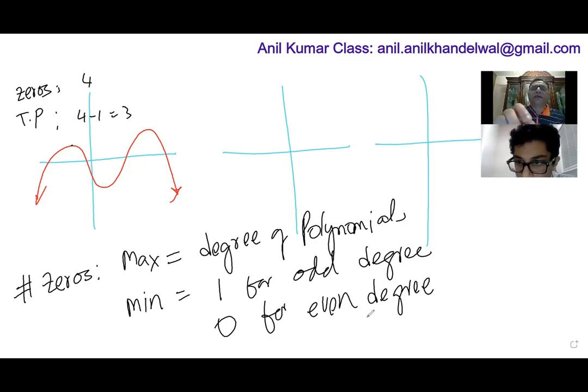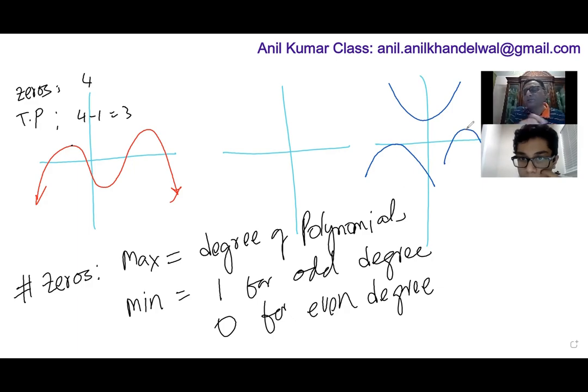Because for a parabola, I could have a parabola which is like this, no zero. I could have a parabola which is like this, 1 zero. I could have a parabola which is like this, 2 zeros. But maximum is 2 only, right? So the number of zeros for a parabola is 0, 1, and 2, correct? Because the degree is 2.